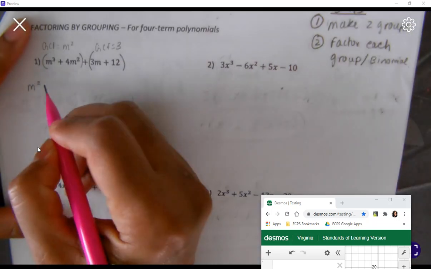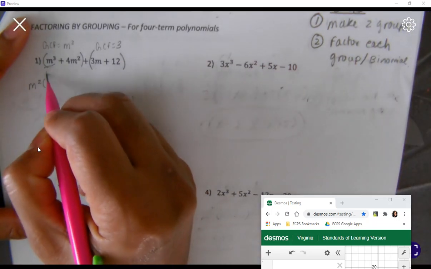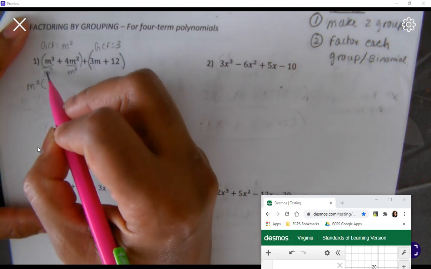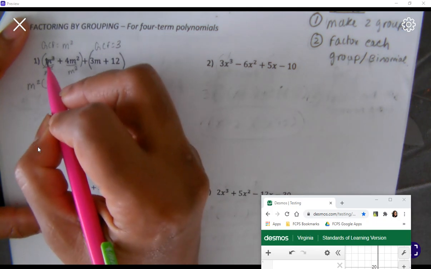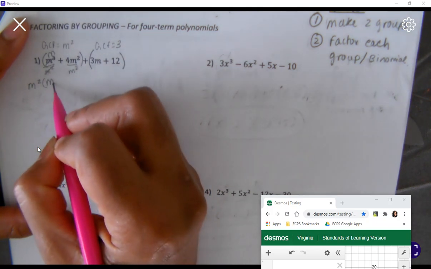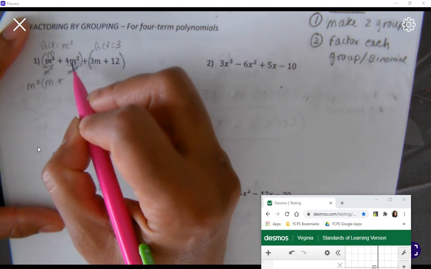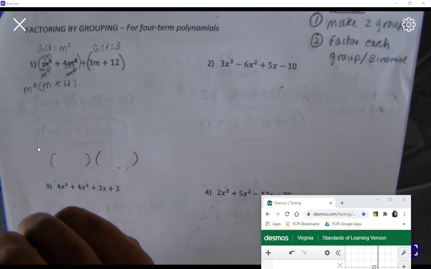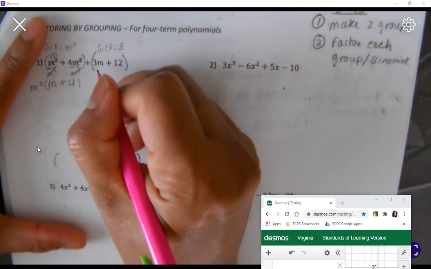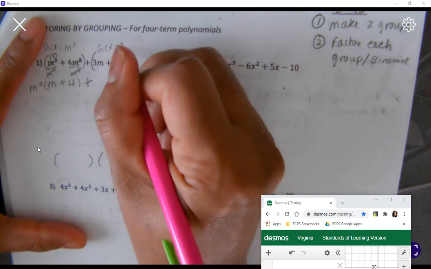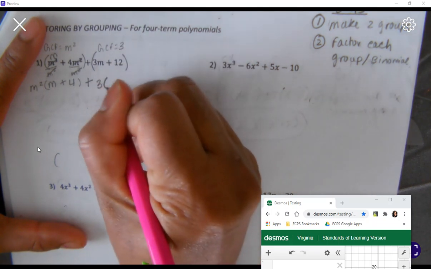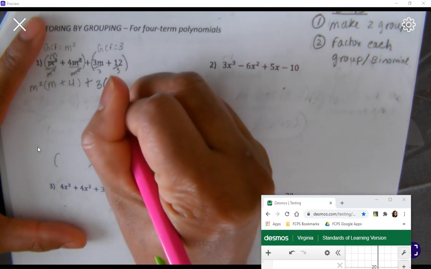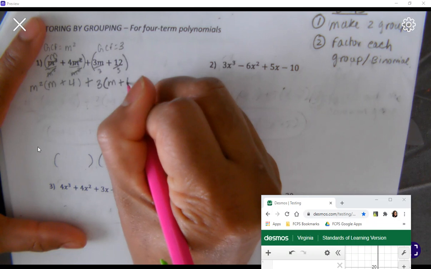Then I'm going to put parentheses, and then I'm going to divide out my greatest common factor. If I take out an m squared here and m squared here, I only have m left, plus if I take out the m squared here, I have a 4. Then over here, bring down the plus sign. My greatest common factor is 3. If I divide out the greatest common factor, you have m plus 4.